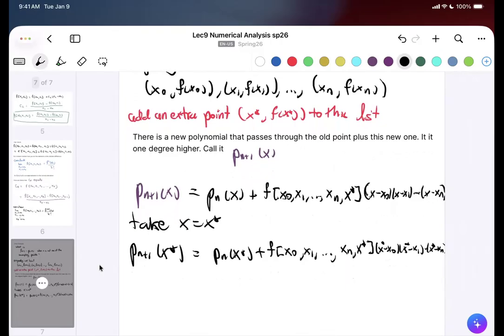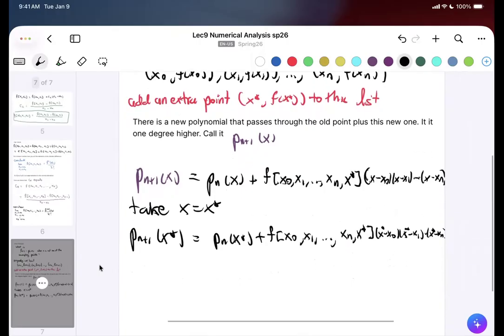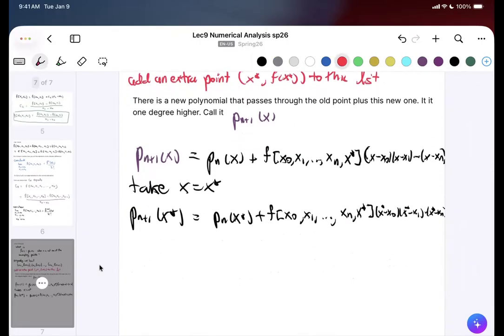But what is Pn plus 1 of x star? Well, it's supposed to interpolate through this point as well. So that's just f of x star. So you get that f of x star is Pn of x star plus this divided difference.